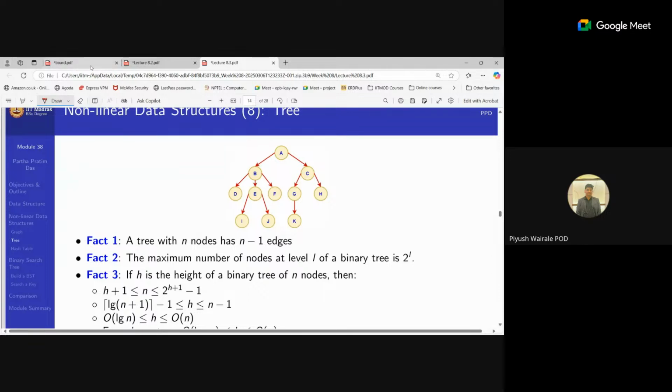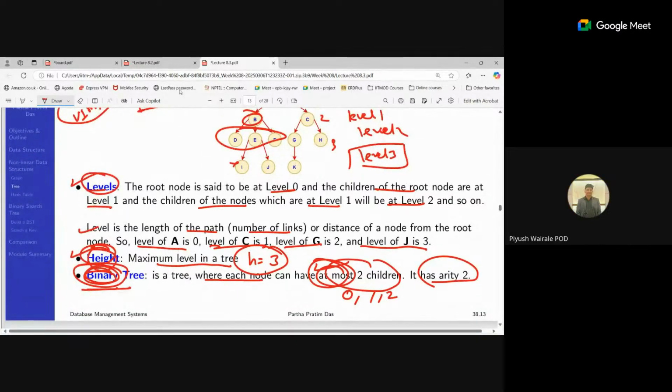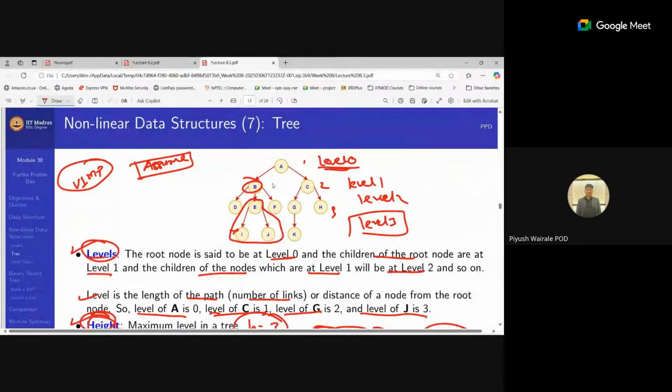We'll discuss a lot more in detail. Is E binary? Yes, E has two nodes, so it's satisfying the condition for the binary case. But a binary tree is what? The entire tree we can call a binary tree when each and every node has at most two children. So this tree is not a binary tree because of this particular case.